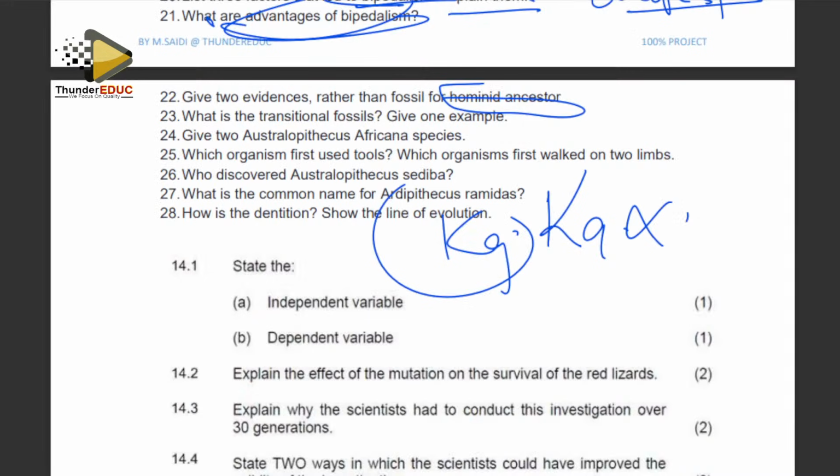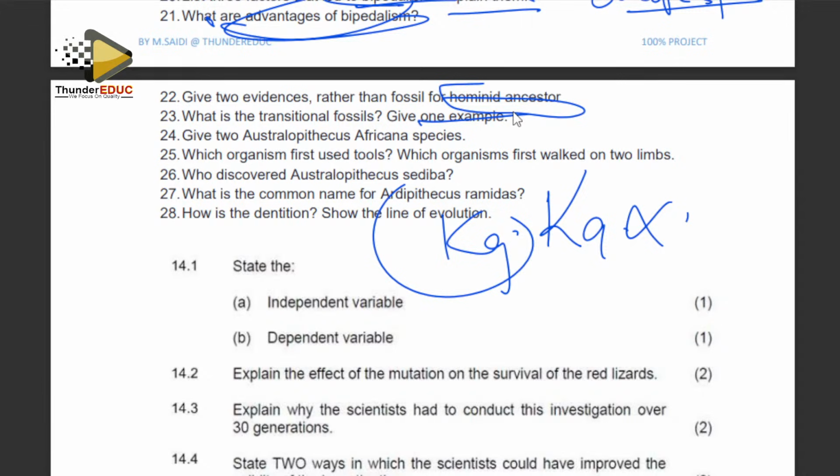So I think that's it. They say give an example. Someone said Karabo. Yes, thank you, your answer is correct. Karabo is a transitional fossil. Advice, is that a name?